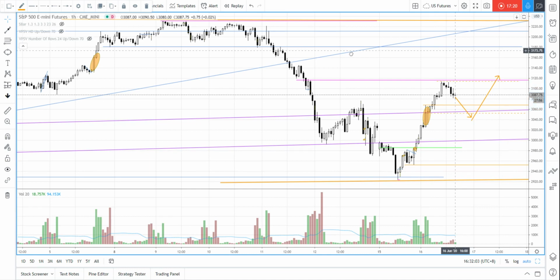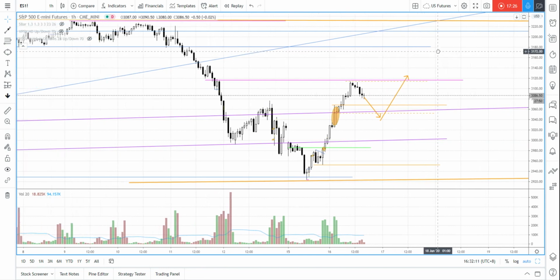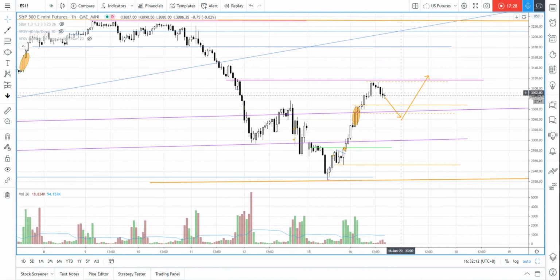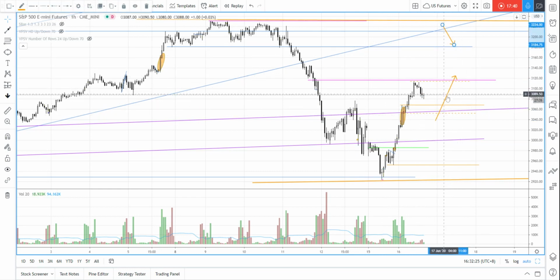So far I think we are entering into a trading range. Long term wise, I definitely see some kind of test to the upside target at around 3230.